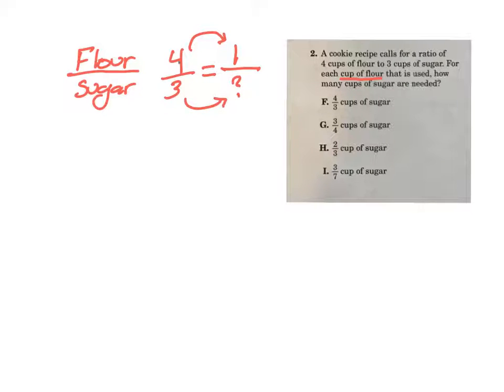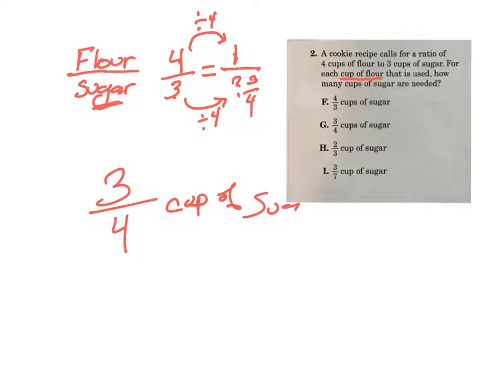So how do I get from 4 to 1? Well, I divide this by 4. How do I get from here to here? I divide this by 4. So 3 divided by 4. And that gets me 3/4 cup. And we're down here, so we're sugar. Cup of sugar.